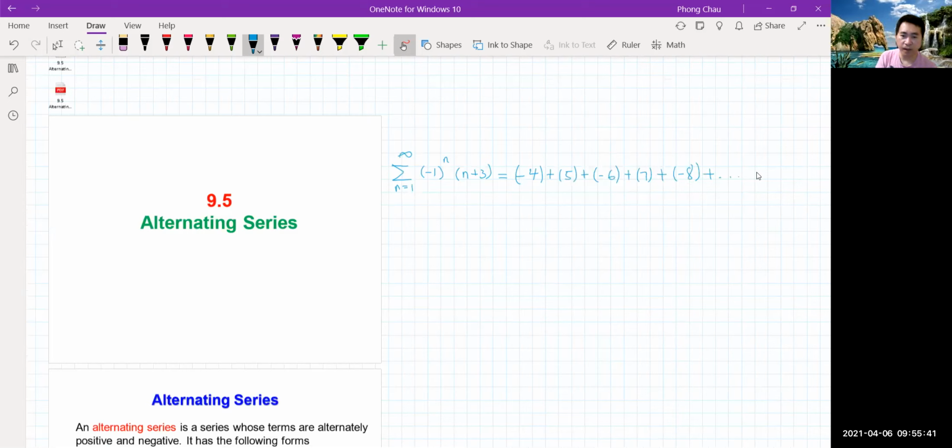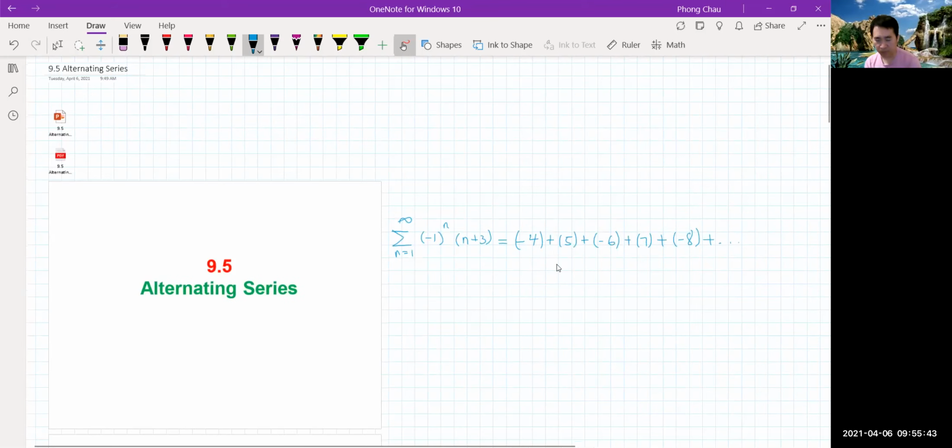Any series of this form is called an alternating series. Again, the sign alternately changes from positive to negative because of the n power of the negative 1 base.